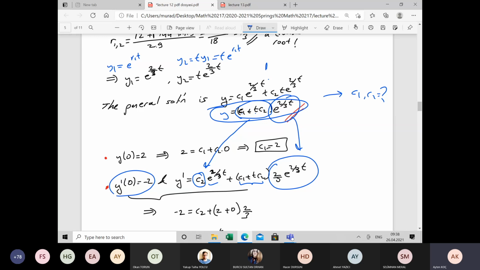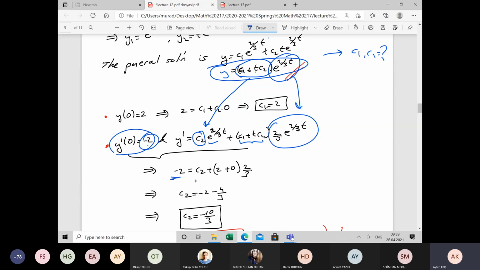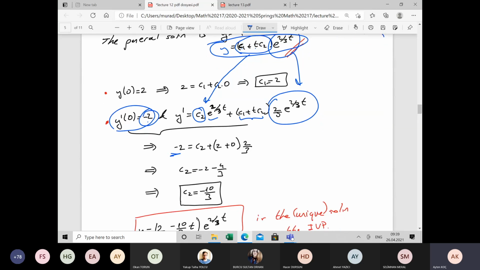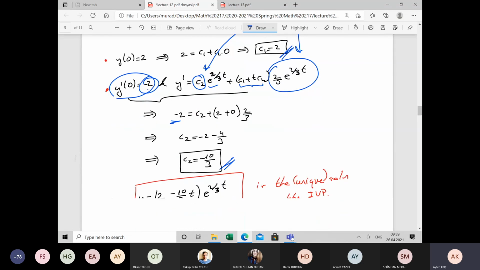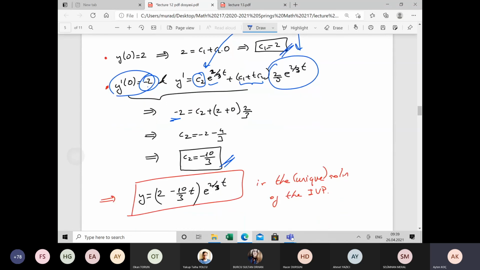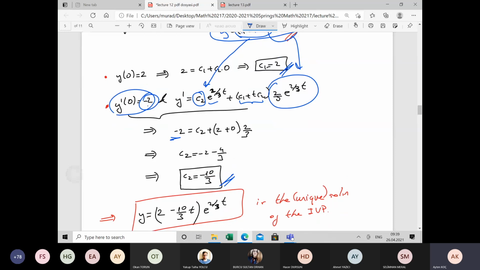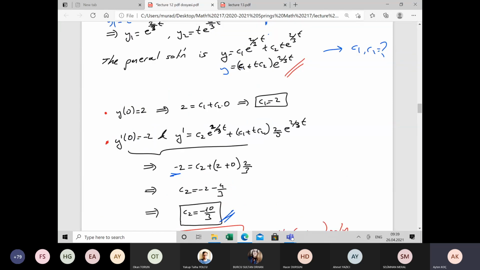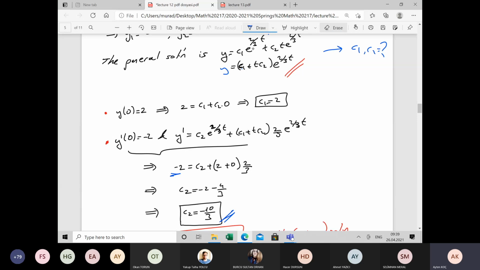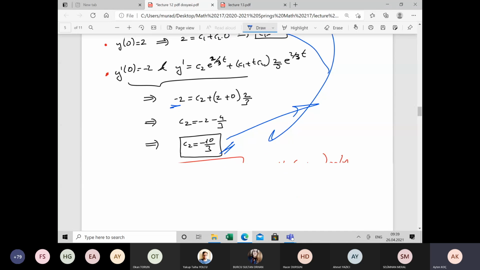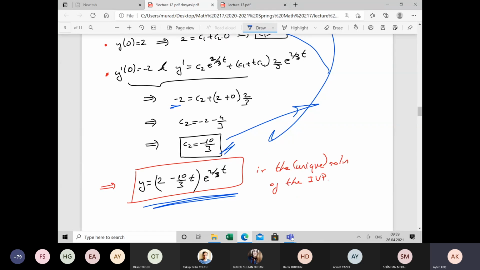Substitute t equals 0, with y prime equal to minus 2, and we obtain the value of c2, with c1 equal to 2. Then write it in the general solution, and we obtain the unique solution of the initial value problem.